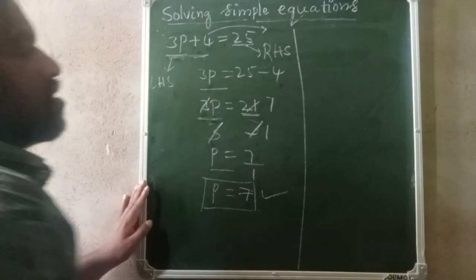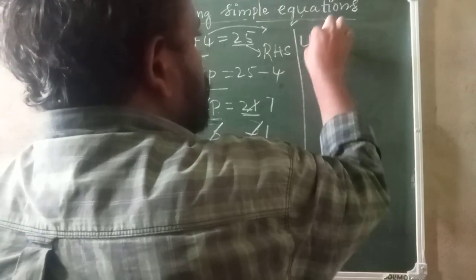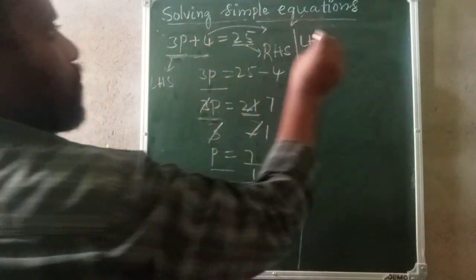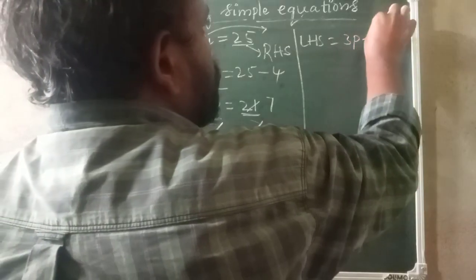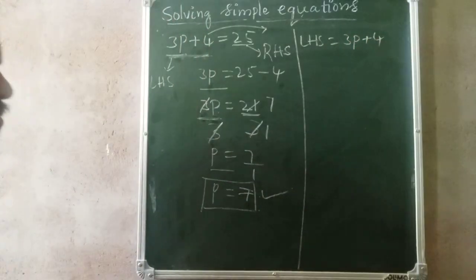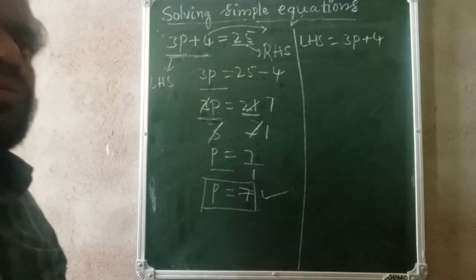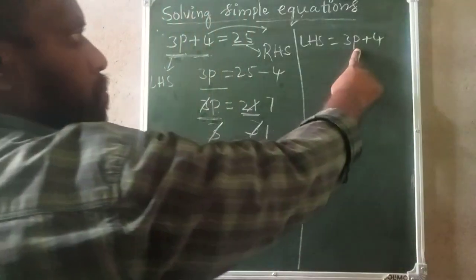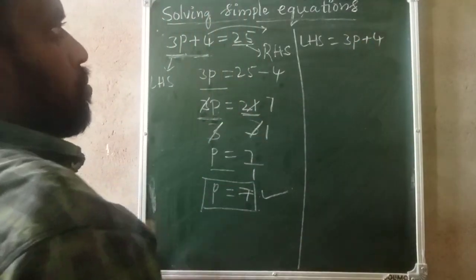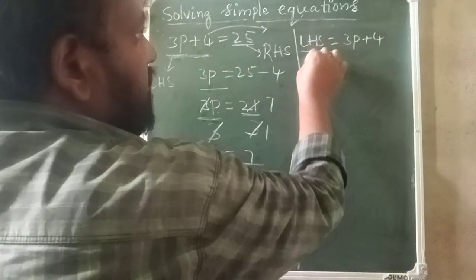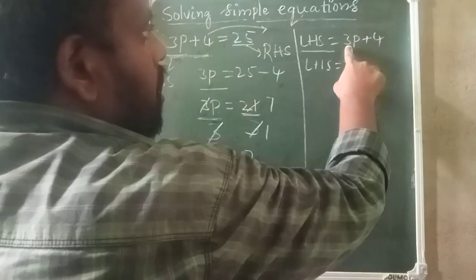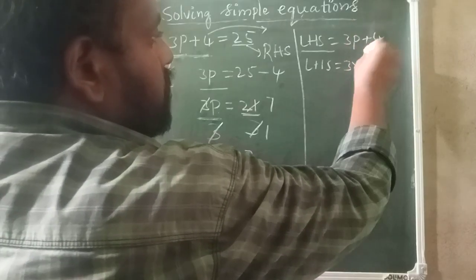So take the LHS first. LHS is equal to this entire thing, 3p + 4. Now we have to substitute the value for p. Before substituting, write LHS is equal to 3. After 3 there is nothing, which means multiplication is there.